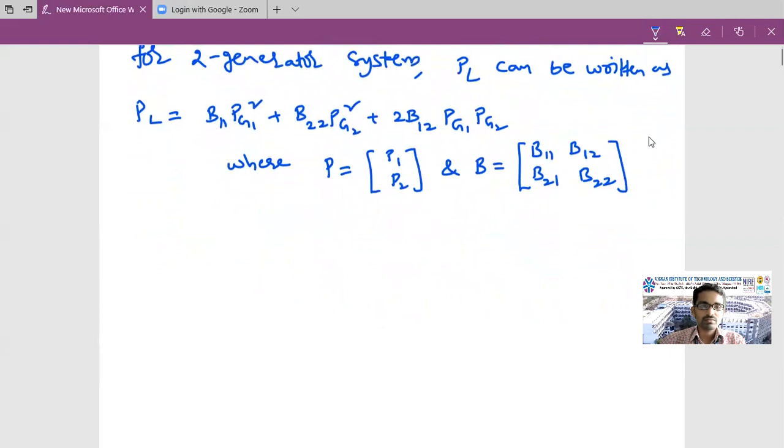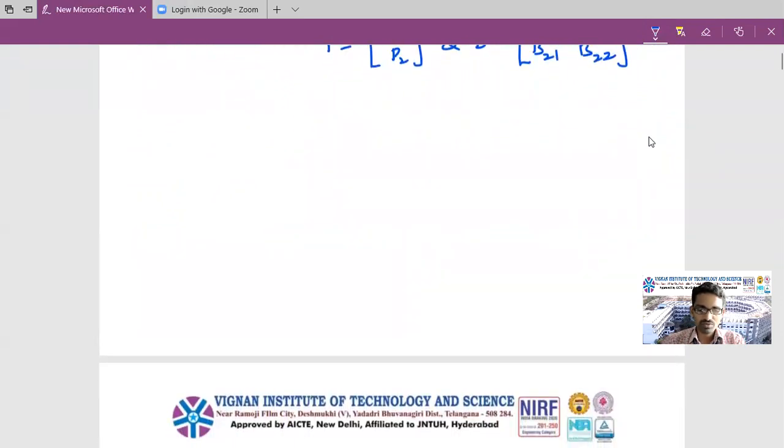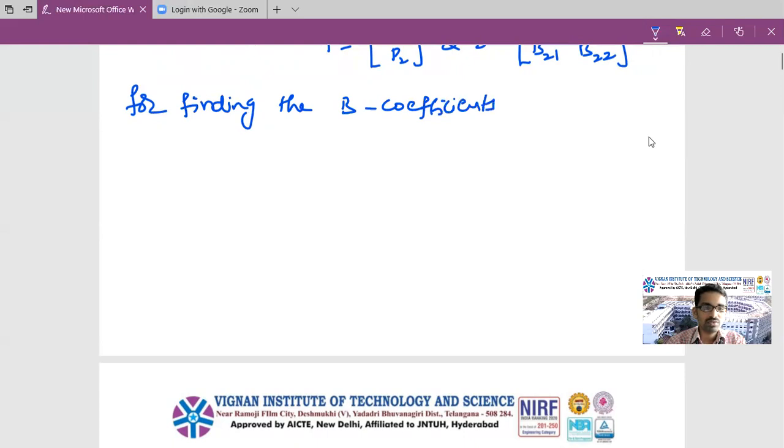So let us consider the B coefficients. For finding the B coefficients, consider the following three diagrams.